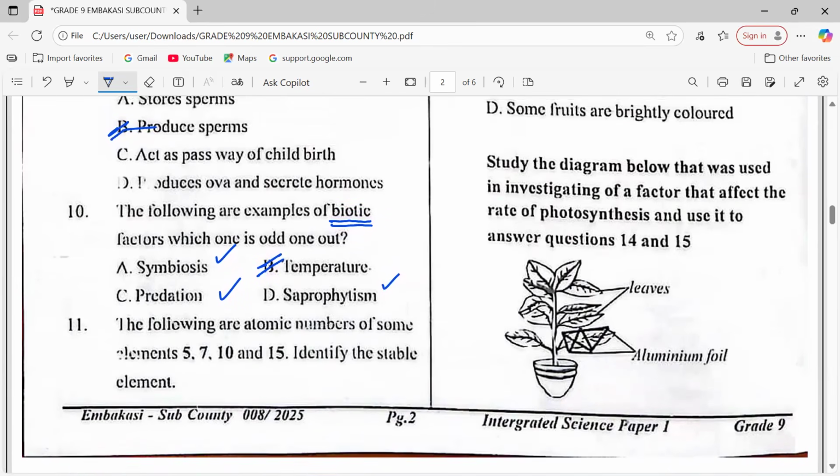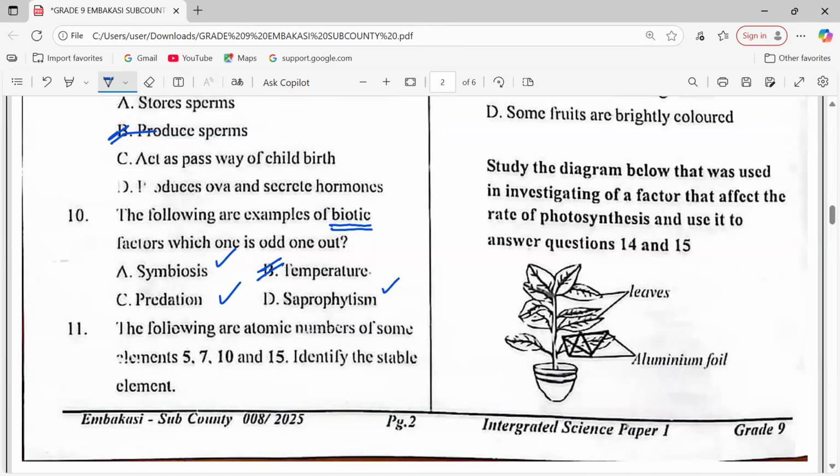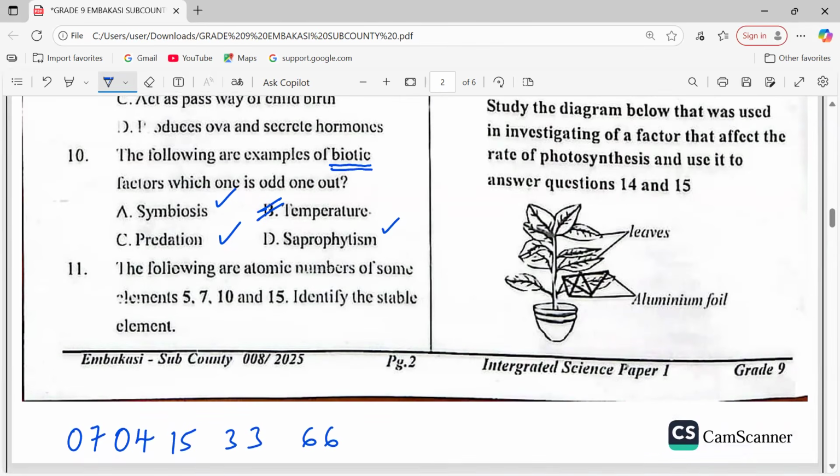The following are atomic numbers of some elements: 5, 7, 10, and 15. Identify the stable element. For a stable element, it should have a fully filled outermost energy level. When you arrange the electronic arrangements, with 5, we'll have 2, 3. With 7, you shall have 2, 5.